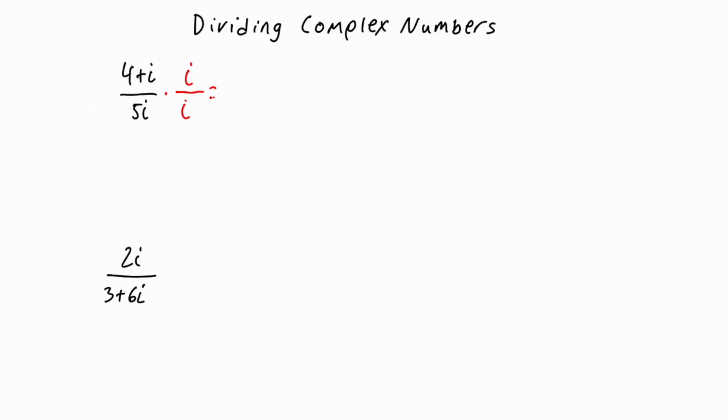So on top, we distribute the i, and so that will become 4i plus i squared. And on the bottom, it gives us 5i squared.